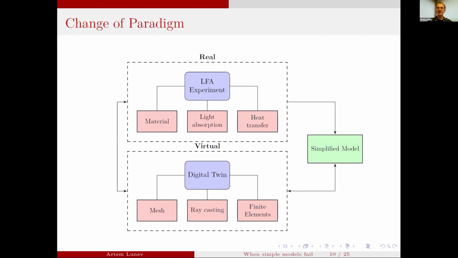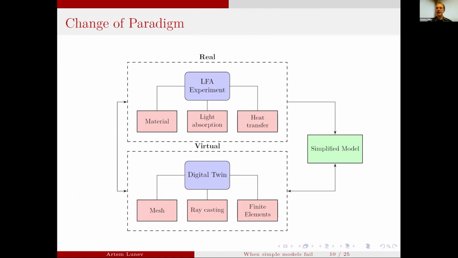So a different paradigm which we proposed to use was to implement the cross-validation with a virtual representation of the LFA experiment. So basically a digital twin.